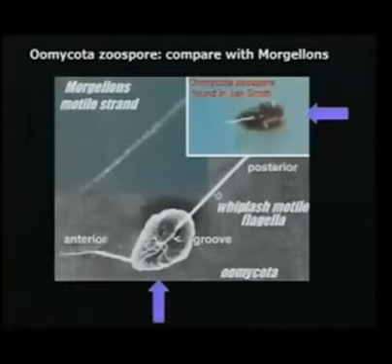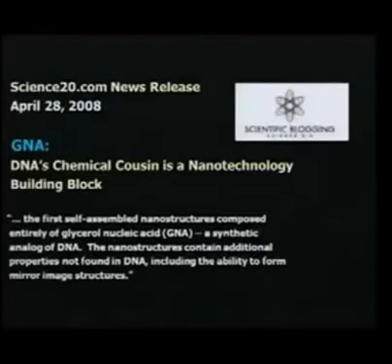The fiber strands that you see here were made of cellulose and GNA. GNA is glucans polysaccharide sugars, and this was confirmed by microscopy. GNA is a synthetic cousin of DNA. It has a 3-carbon glycerol sugar in it instead of the 5-carbon that you find in DNA. Here's a news report from April 2008 in which we are told, big headlines, GNA is DNA's chemical cousin.